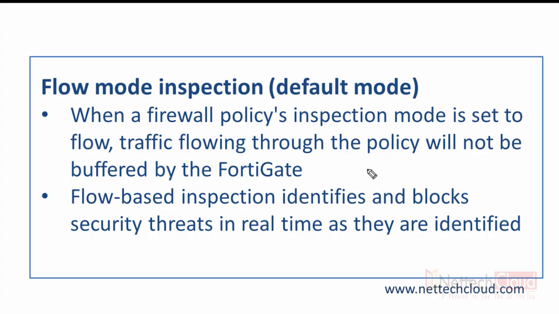Traditional legacy firewalls are proxy based only, and some other firewalls support only flow based inspection, real time analysis of data traffic. But as an administrator we don't find an option to change the inspection mode, it's default behavior. But at least in the FortiGate firewall we as administrators have the option to choose whether we want to go with flow based or proxy based.